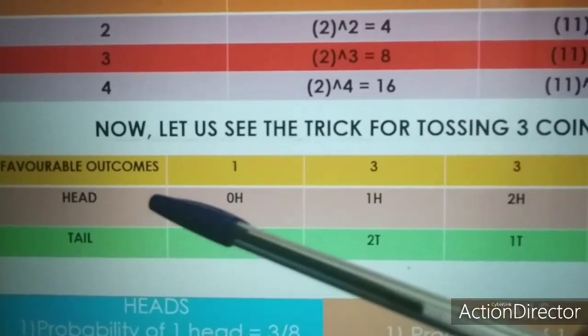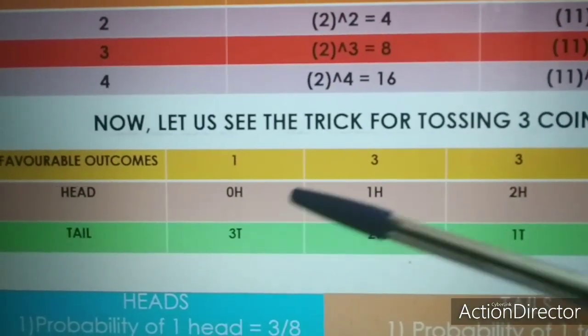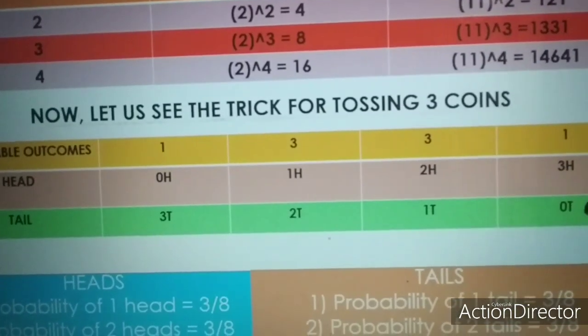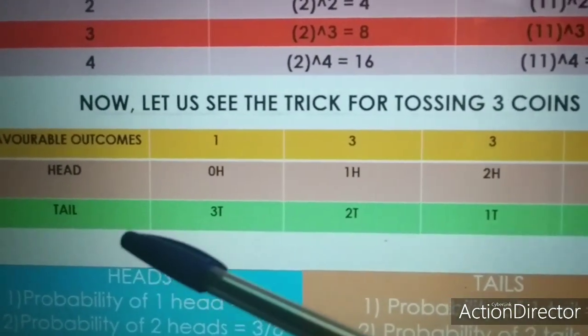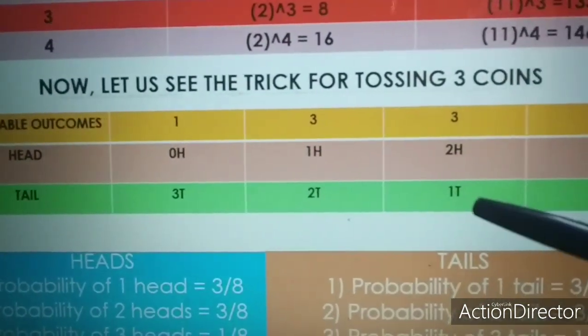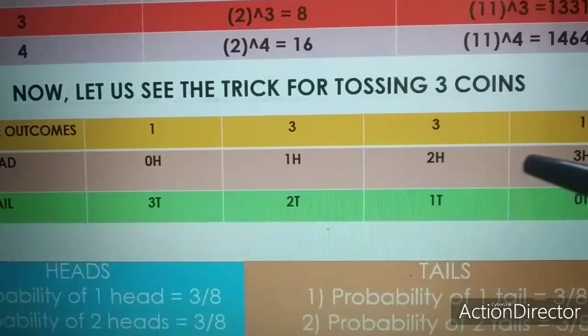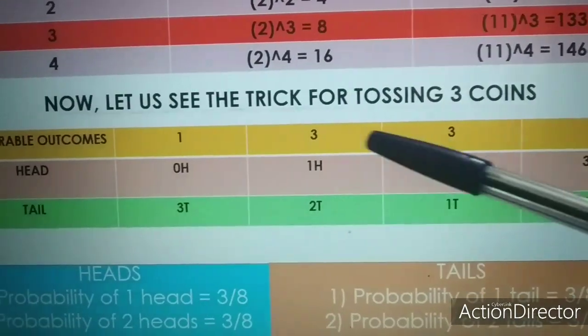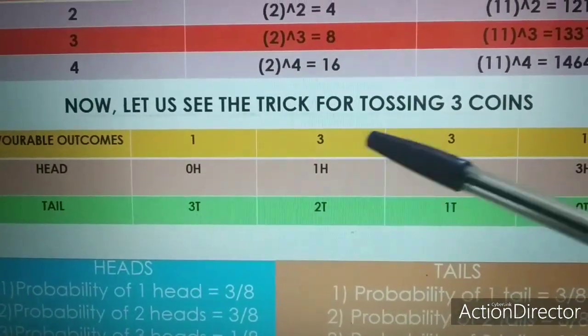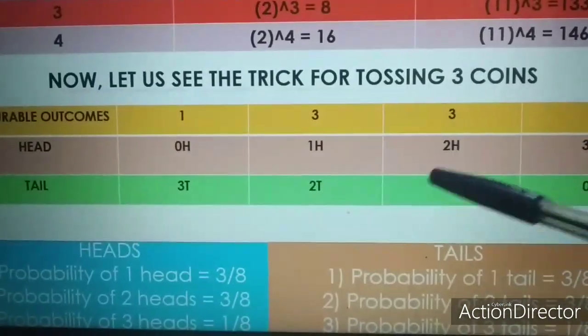And for head, I will be writing 0 head, 1 head, 2 head and 3 heads. And for tail, I will be writing in descending order. That is first 3 tails, then 2 tails, then 1 tail, then 0 tail. This table you have to understand and make in your rough column. Then it will be very easy for you.